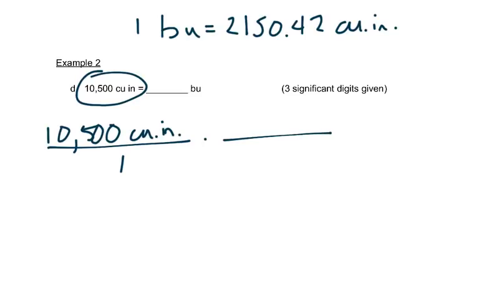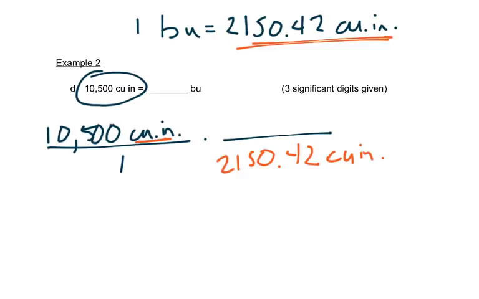Times. Cubic inches is on top here, so we want the cubic inches here to be on the bottom. 2,150.42 cubic inches. And that leaves this 1 bushel to go on top.